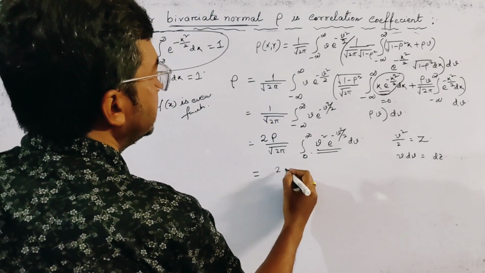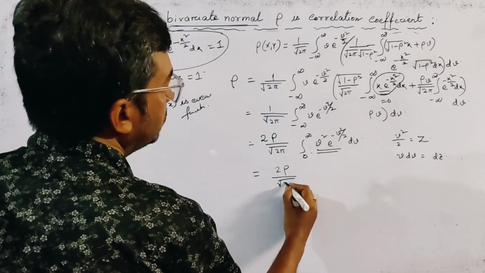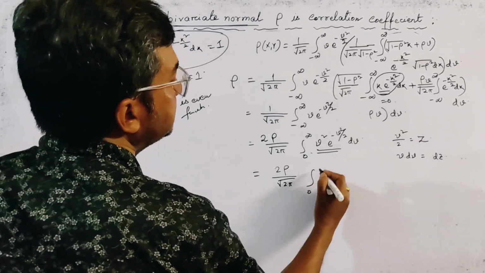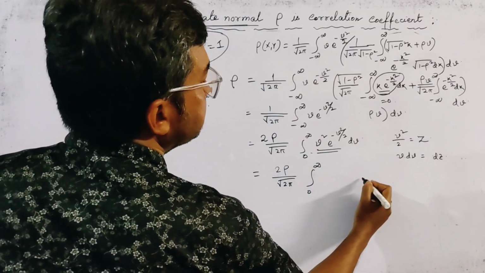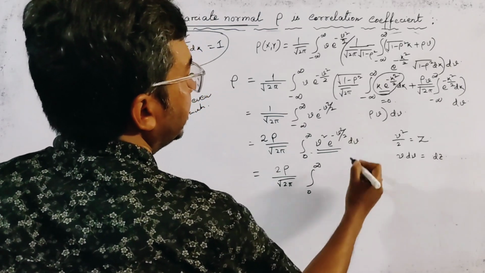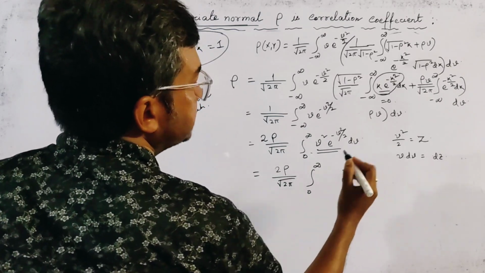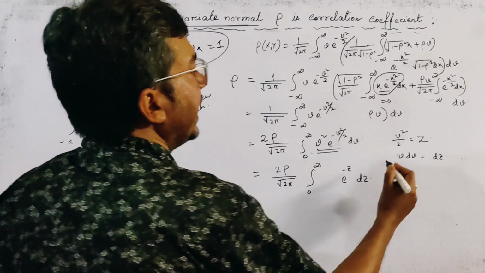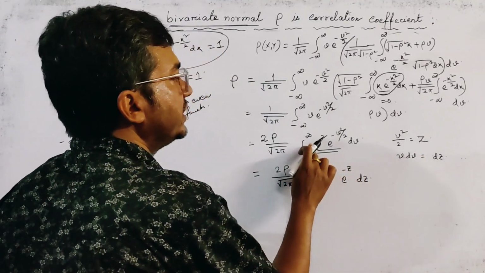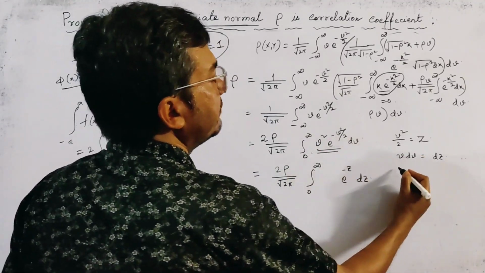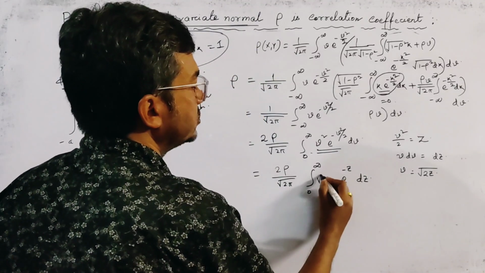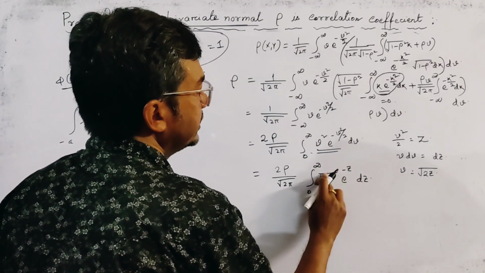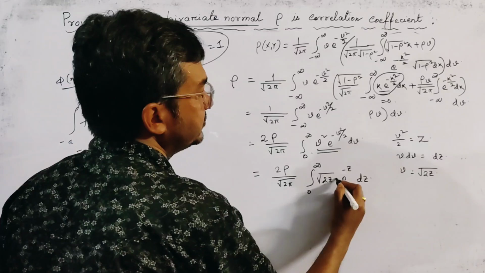Now if we make this substitution, the range stays the same, from 0 to infinity, and we get the result 2 rho by root 2 pi integration from 0 to infinity. Here we get v dv, this is dz, and e to the power minus z, right? And another v remains, so we put the value of v, which is given by root 2z. So here this is 2z.